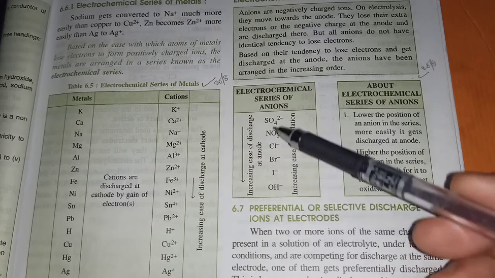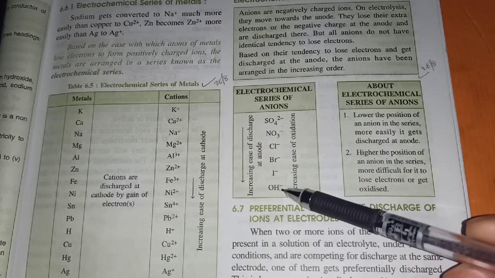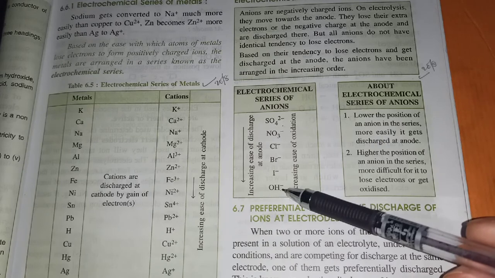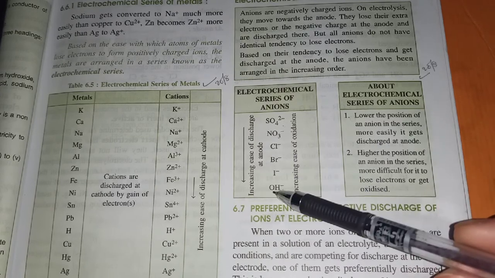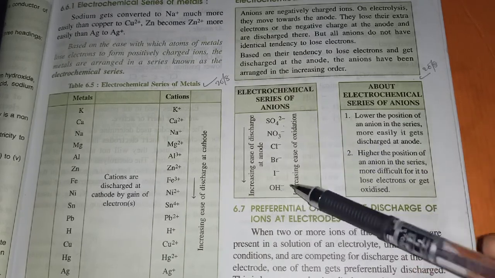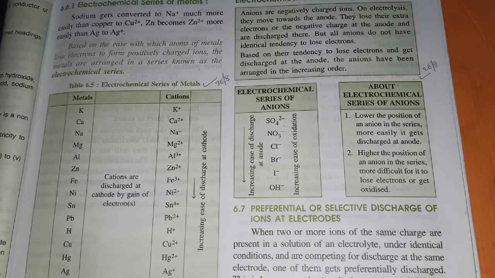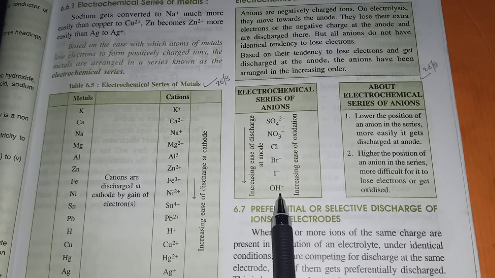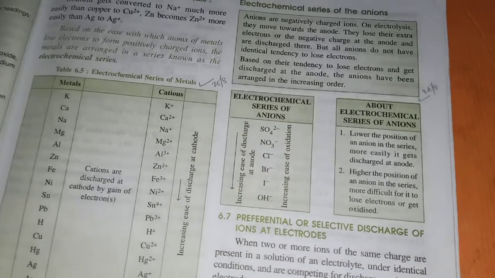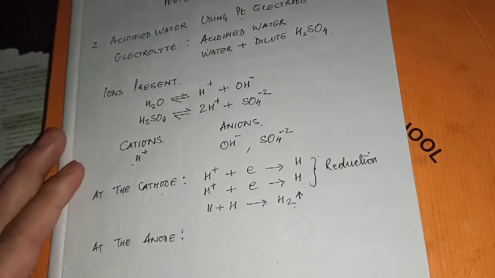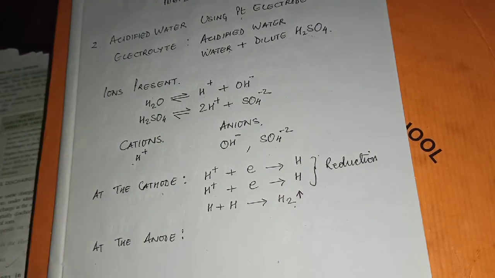And what does this signify? That the hydroxide ion will get easily discharged at the anode. Therefore, out of sulfate and hydroxide, which one will get discharged at the anode? Hydroxide ion.